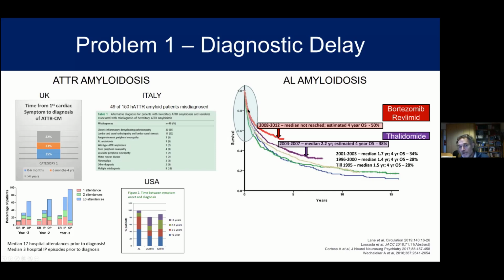Those are patients who present and are diagnosed with advanced cardiac amyloidosis, and they've invariably had disease for quite some time before being diagnosed. So really, what I'm trying to highlight here is that one of the predominant problems is a delay in diagnosis of amyloid cardiomyopathy.